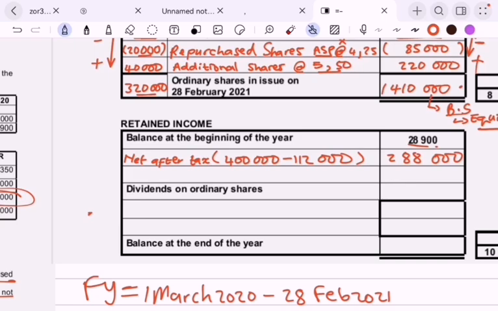Now, what is next? The next part is going to be your repurchased shares. So, of course, you know the repurchased shares which were repurchased from you. You obviously know that is 20,000. Right.